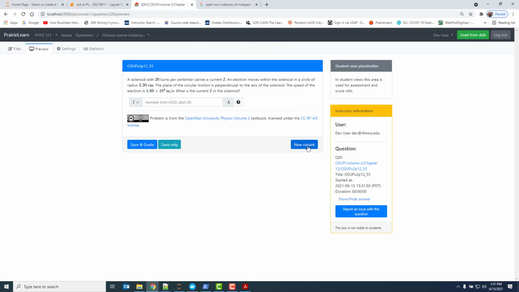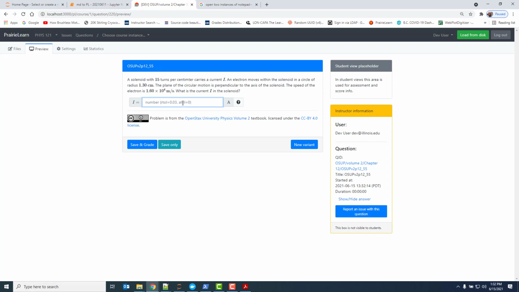And now, every time I make a new variant, I'll never get in the question a whole bunch of unnecessary decimal places. Okay, and like we asked for, the 35 doesn't have any digits after the decimal, and then we have 2 digits after the radius and the coefficient of the velocity.